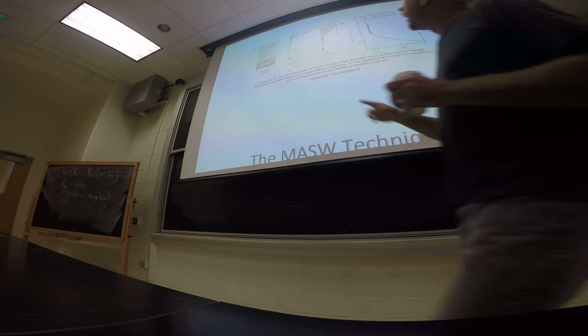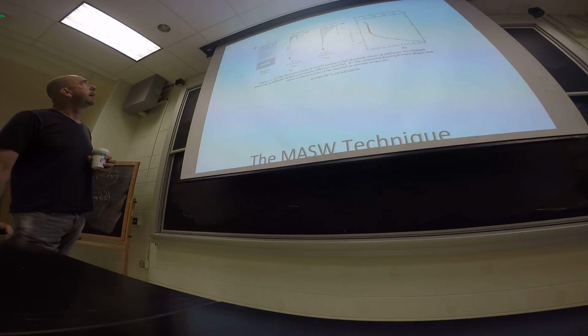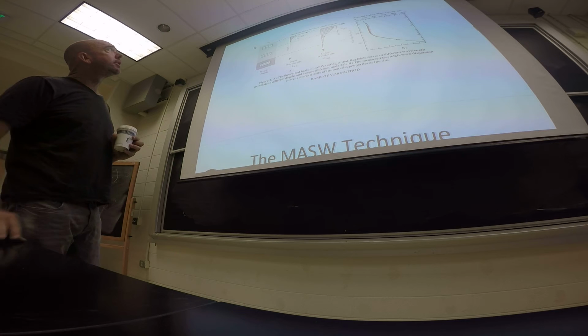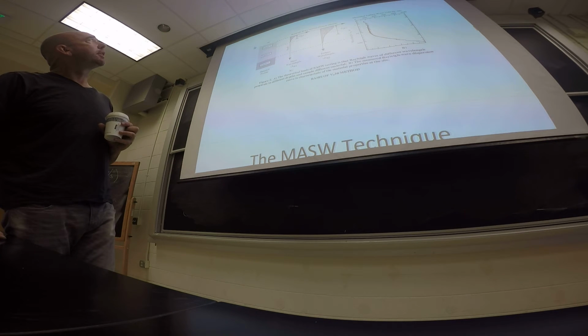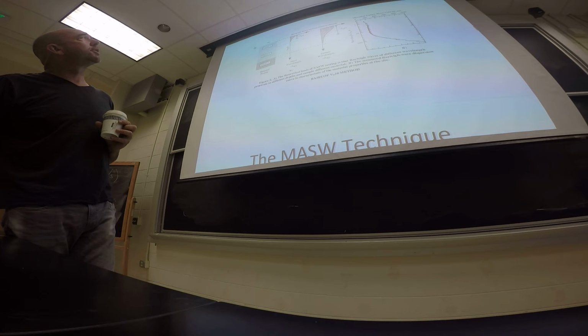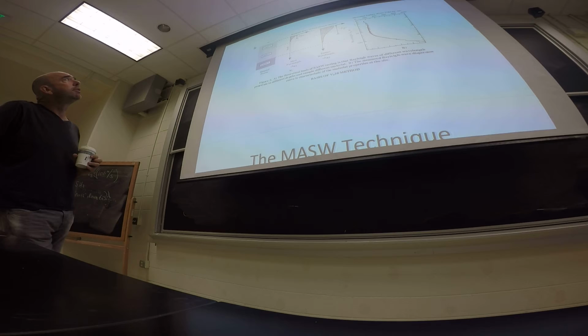But again, we have a material profile right here. Air, layer 1, layer 2, layer 3. We know that short wavelengths penetrate shallower than long wavelengths. And obviously they're talking about the vertical particle motion here because the amplitude is actually highest below the surface.